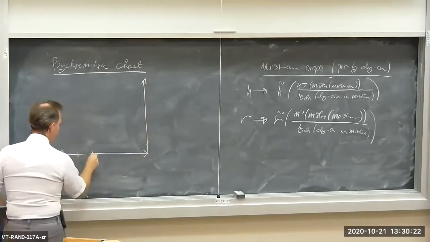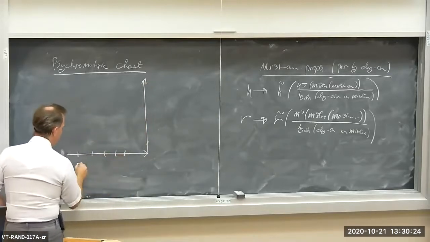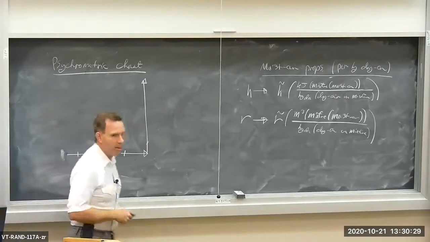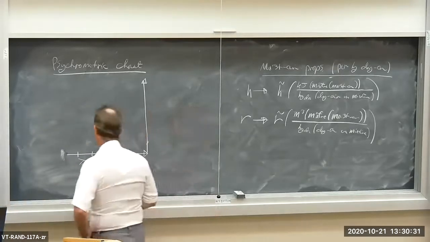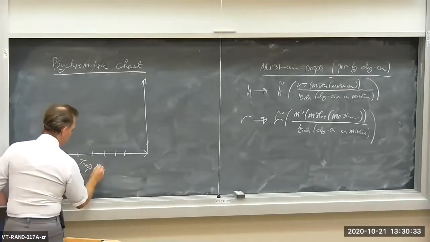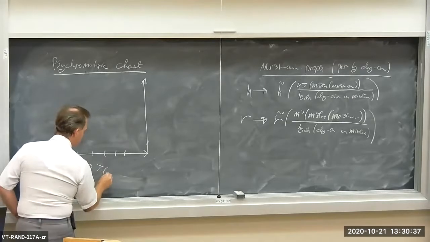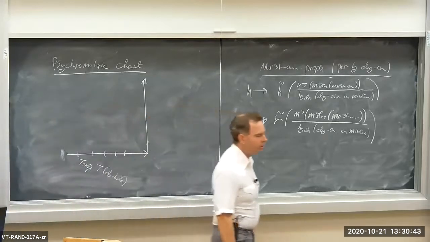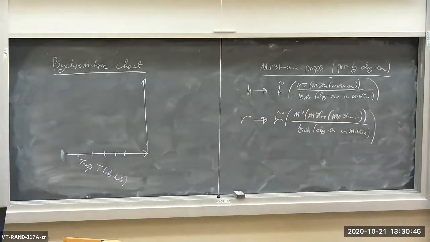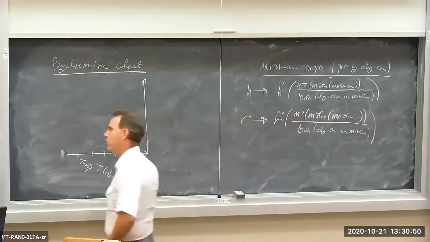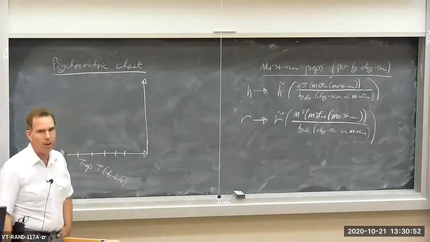On this axis, we have temperature T for the mixture, sometimes referred to as dry bulb. We'll talk about dry versus wet bulb in a bit. So the temperature on the x-axis is the temperature of the mixture. The room temperature, the air temperature, whatever it is, usually called the dry bulb temperature.